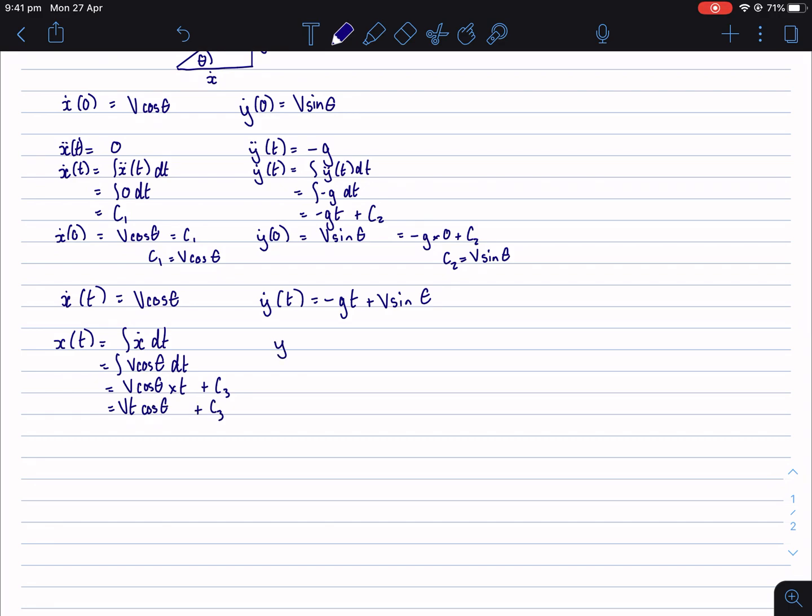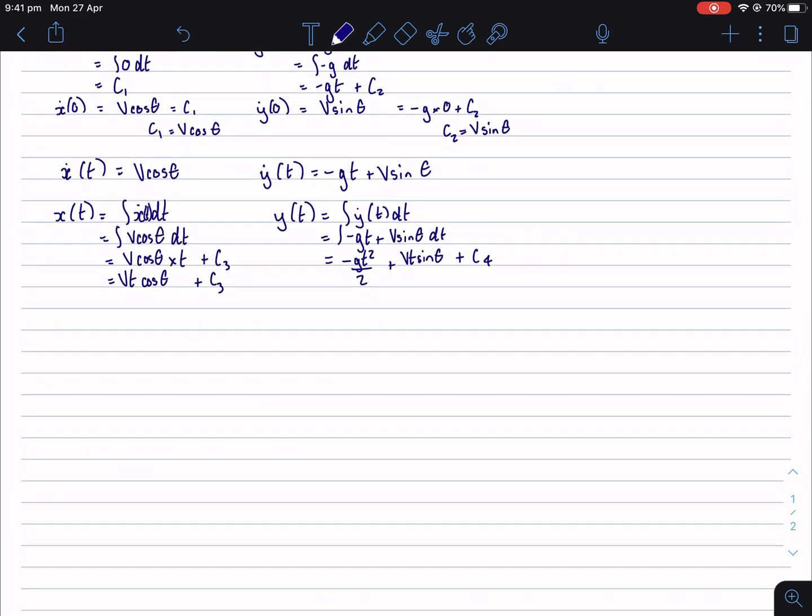Same with y. We're integrating y dot. So this one comes out as we're integrating negative gt plus v sine theta with respect to t. So it's negative gt squared on 2 plus vt sine theta plus c4.